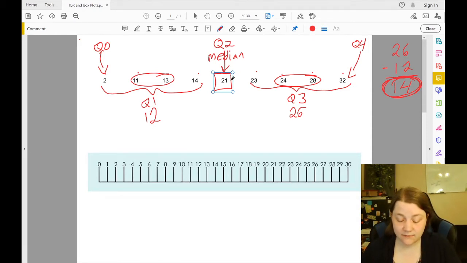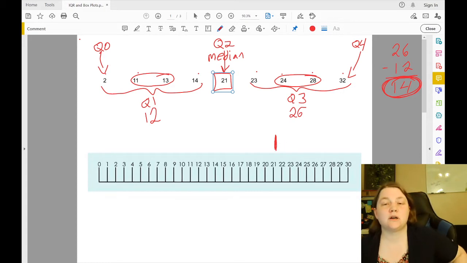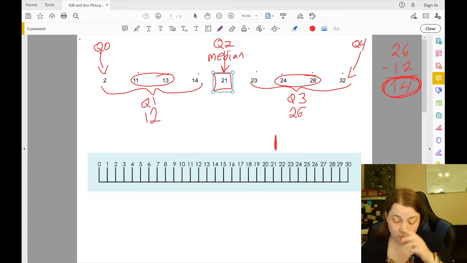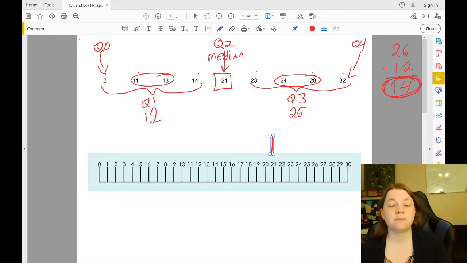So we're going to start off doing the median, which is 21, and I'm going to put a line at 21. Now, technically you can start off on whichever line you want, but so that I can explain, we know that the middle number, the median of this number set, is 21. So this line right here represents the median.